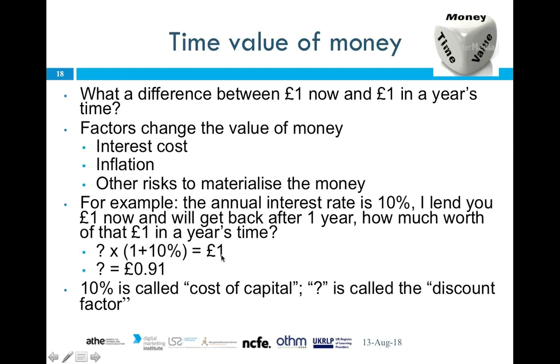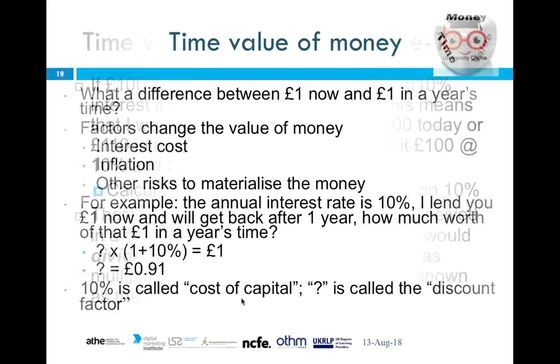With a 10% interest rate, 1 plus 10%, the value after 12 months will be 91 pence. So 91 pence after 12 months is valued today as £1. That 10% is called the cost of capital, and this is the discount factor of this cost of capital.